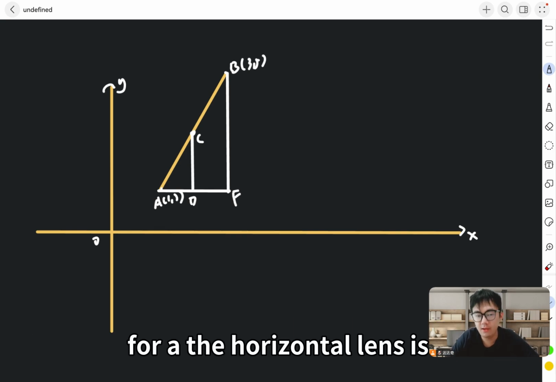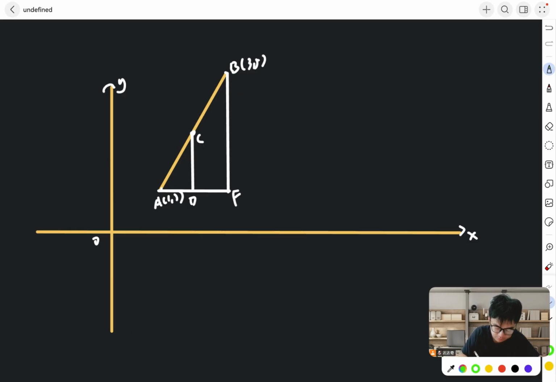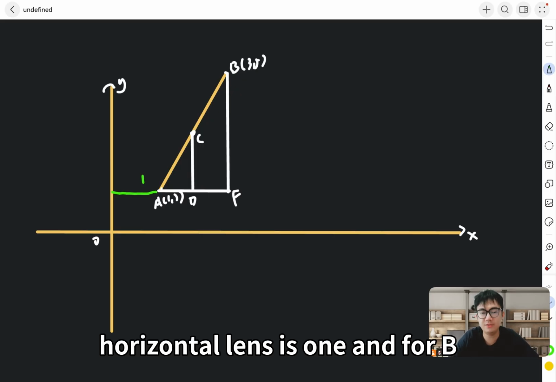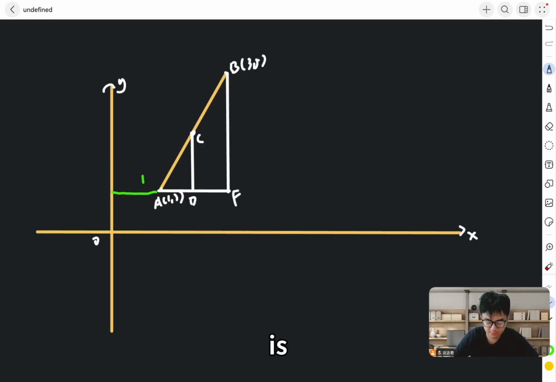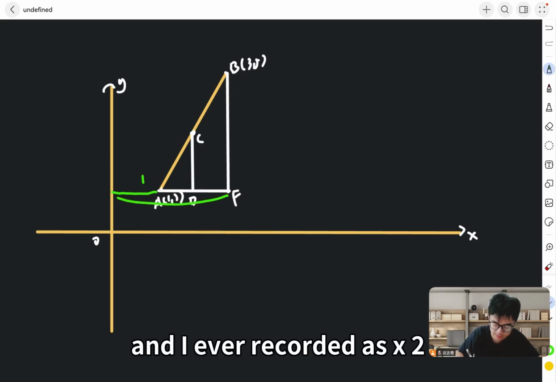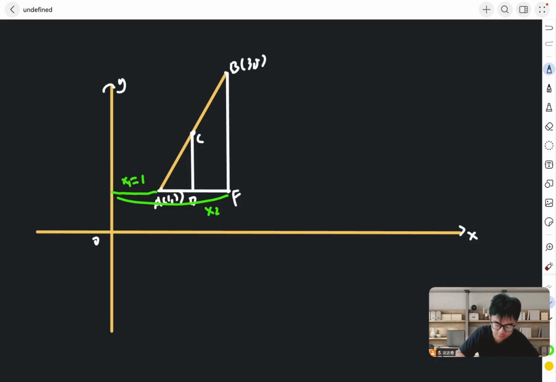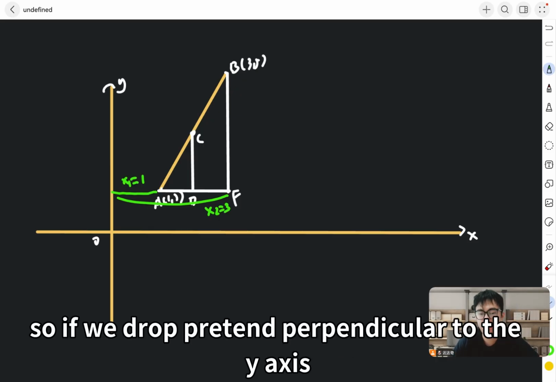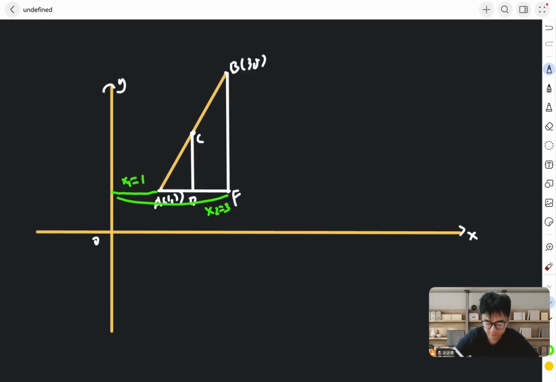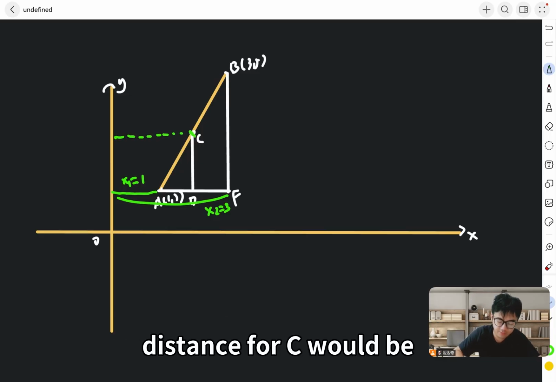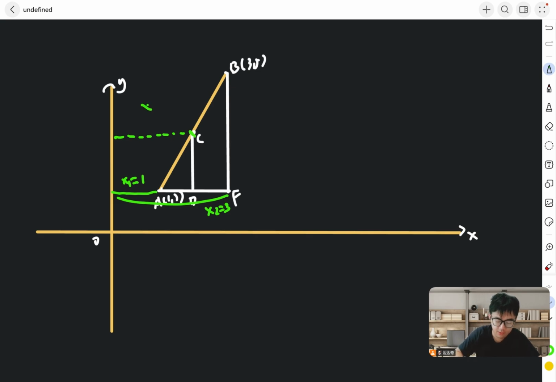For A, the horizontal length is x1, which is 1, and for B, it's 3, and I will record it as x2. If we drop a perpendicular to the y-axis, then the horizontal distance for C would be (x1 plus x2) over 2, based on similarity.